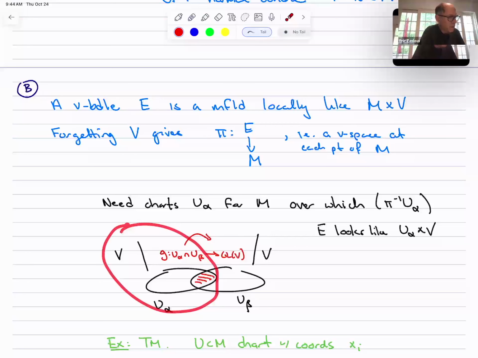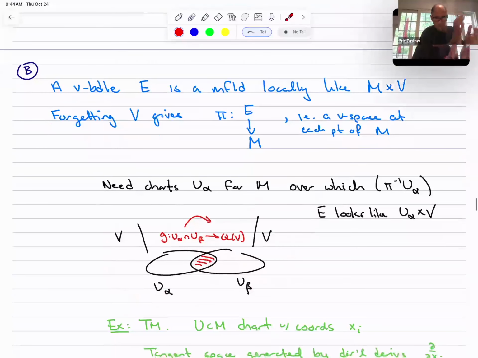One piece of the vector bundle on one patch looks like that, on another patch it looks like that, and then they overlap, not just here, but on V cross there. The requirement is that the transition functions on those overlaps be linear in V. So we get a map from the overlap on the base, namely a family of matrices relating the different possible bases for this vector space.